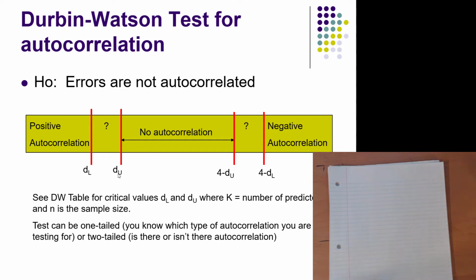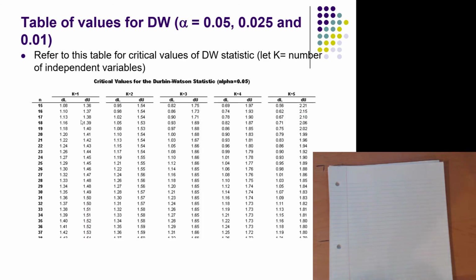It's just the limitations of the Durbin-Watson test with small samples. When we look at the tables, we see that N, the sample size, starts at 15, so we typically would not use the Durbin-Watson test for samples under 15.